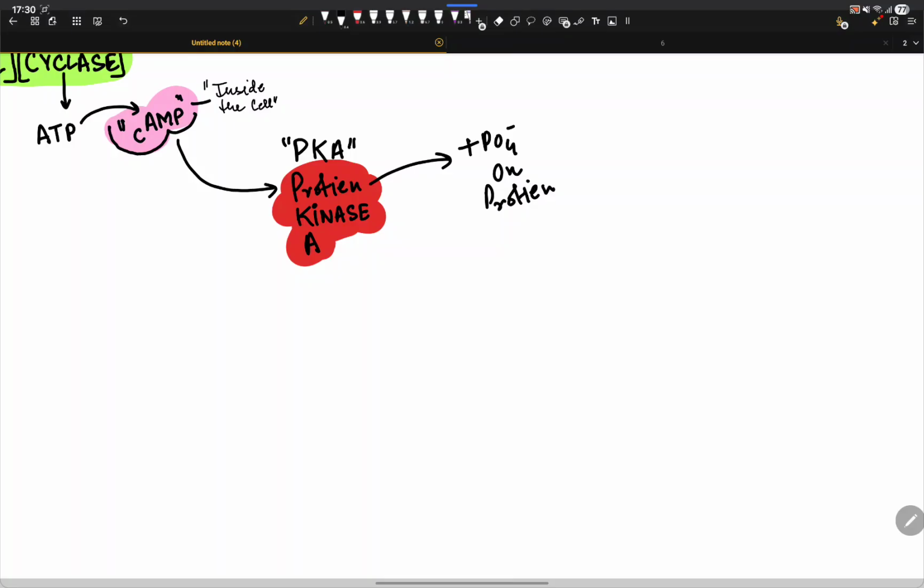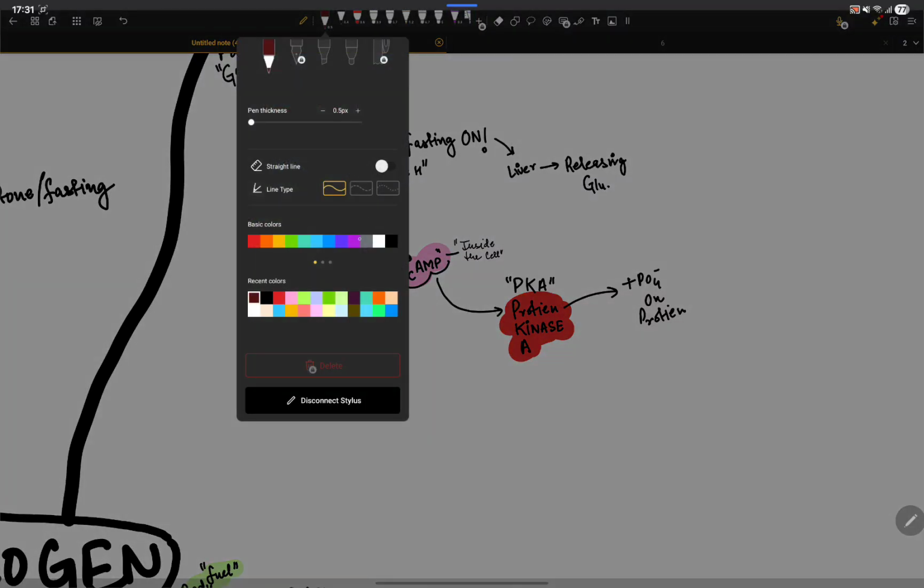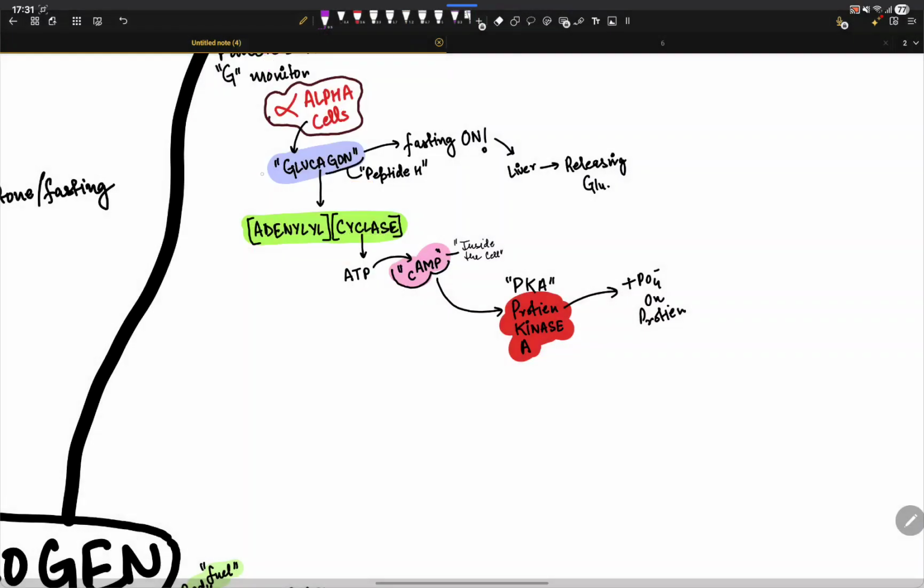Now, why doesn't glucagon directly phosphorylate these proteins? Because signaling needs amplification. That's the reason. Glucagon cannot put a phosphate on proteins because the whole signaling of glucagon needs something called amplification. This is a very cool word and a very cool concept.